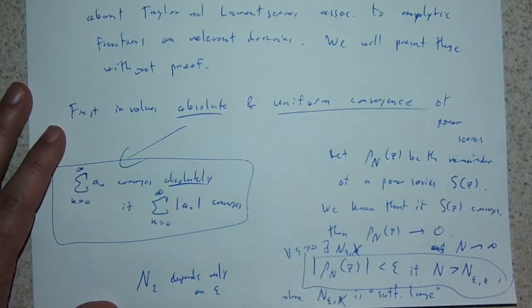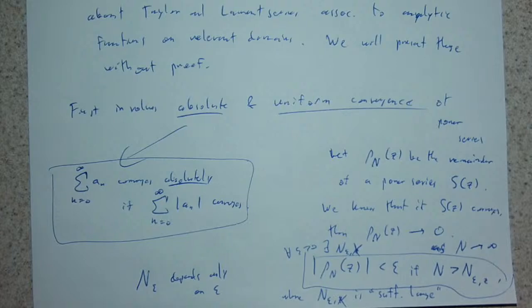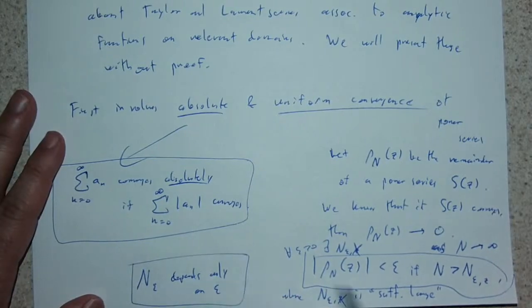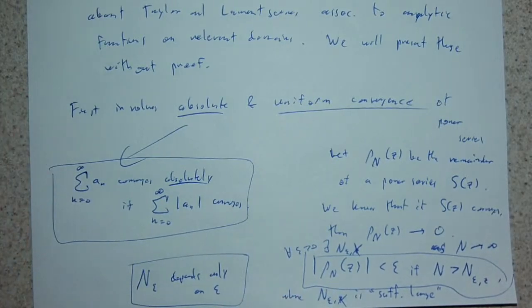Why is that called uniform convergence? If it depends only on epsilon, it means it doesn't depend on the point in question, and so this convergence happens in a nicer way. Now, it's not our goal in this class to investigate all of the ramifications of these analysis theorems.